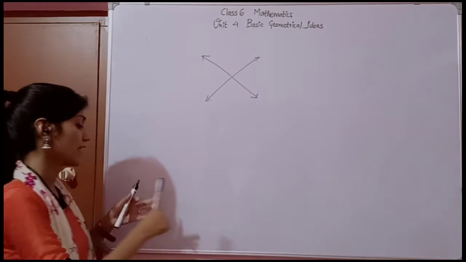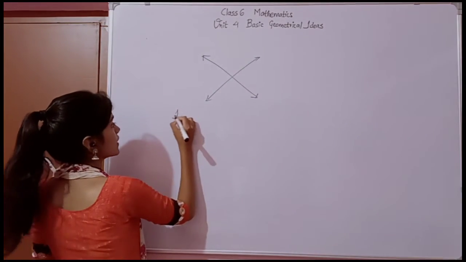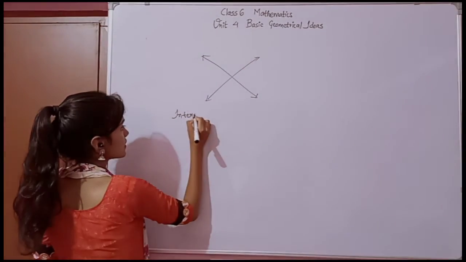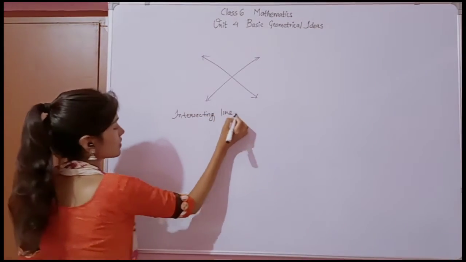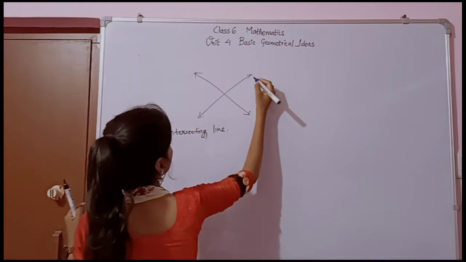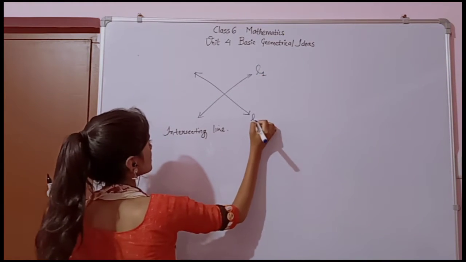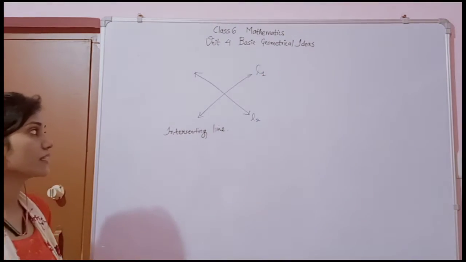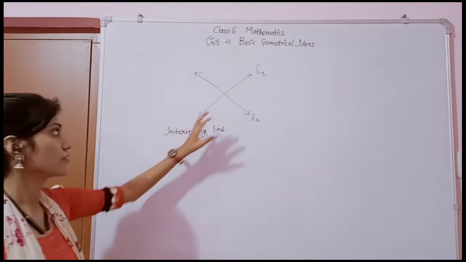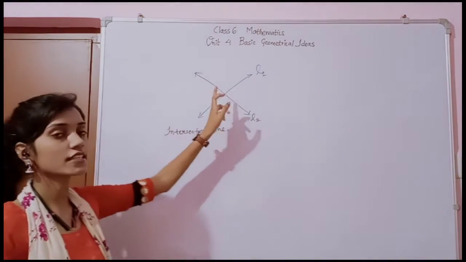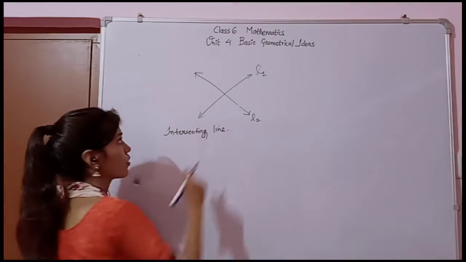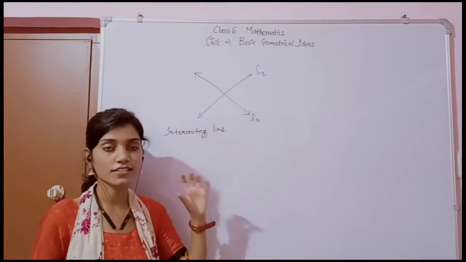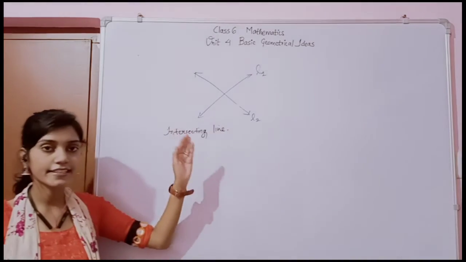You can say it is an intersecting line. Let me name it. This one is L1 and this is L2. So what is happening? You can see that two lines are crossing each other at a particular point. Right? So this type of line is known as an intersecting line.